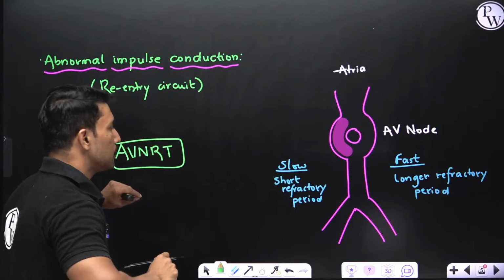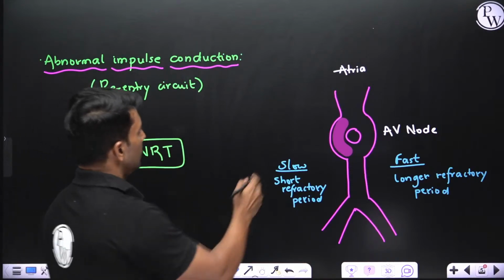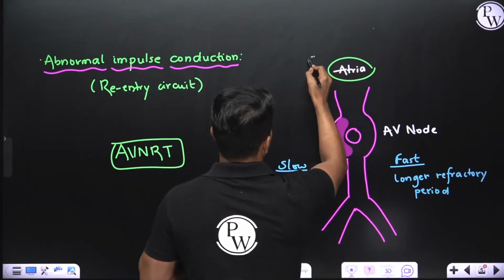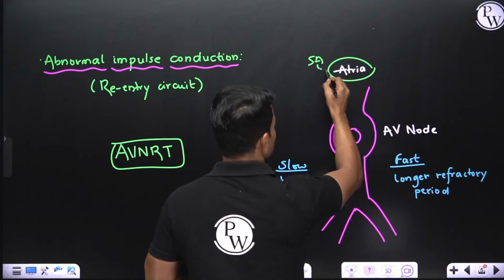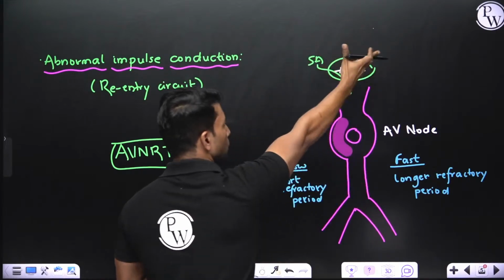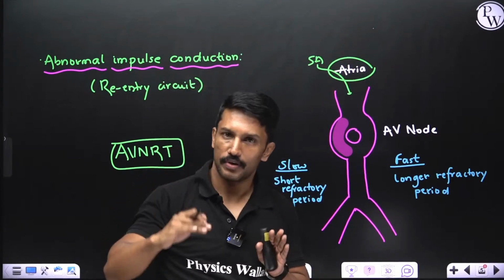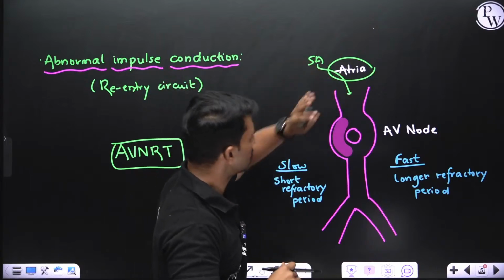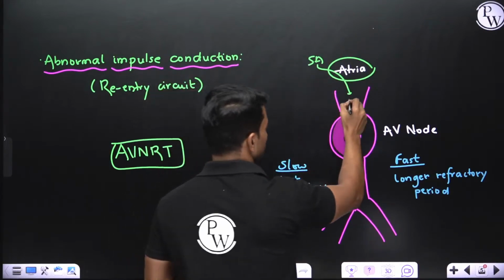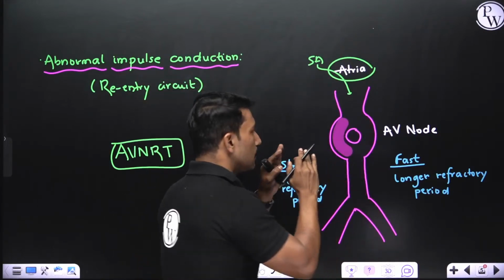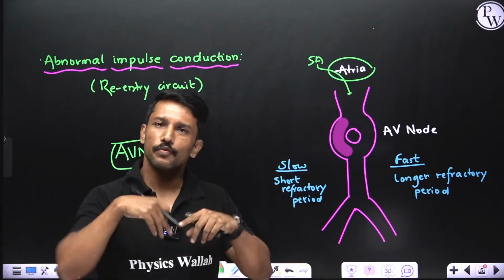Okay, so this is an arrhythmia where exactly what happens is, in the atria, its pacemaker is the SA node, right? So the SA node sends an electrical impulse. It will of course cause the atrial depolarization, causing a P wave. And then once this enters the AV node, which normally has two pathways within it.